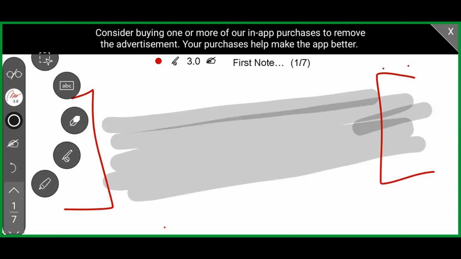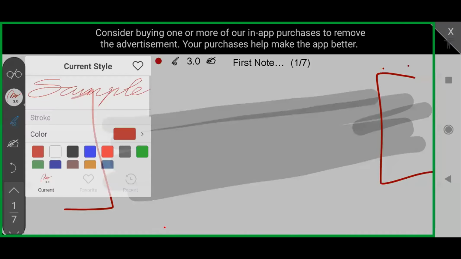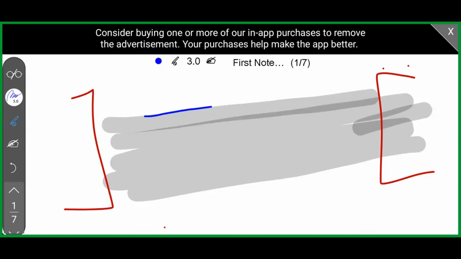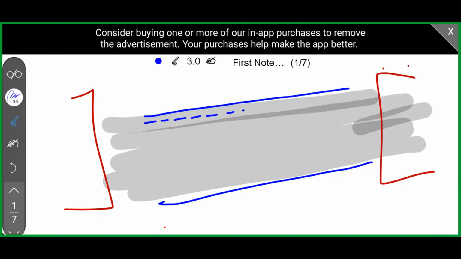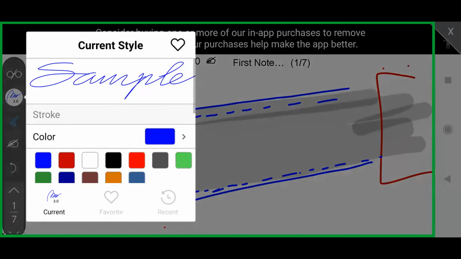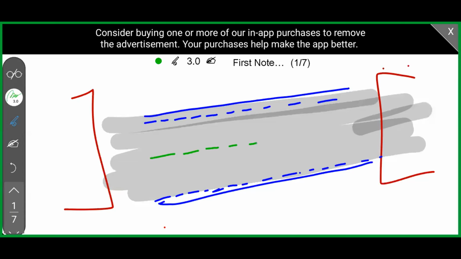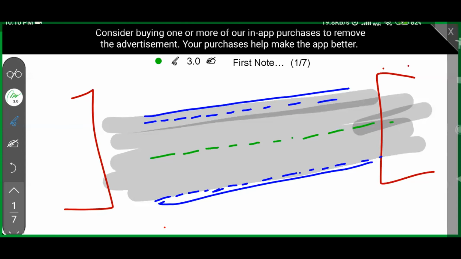The taxiway edge light, meaning the light at the edge of the taxiway, can be blue in color. Blue, either a straight line of strip, and if they are single lights, they will be so close that you can see it as a line only. And the taxiway center line will be of green color. Got it? This is a very popular question, right?